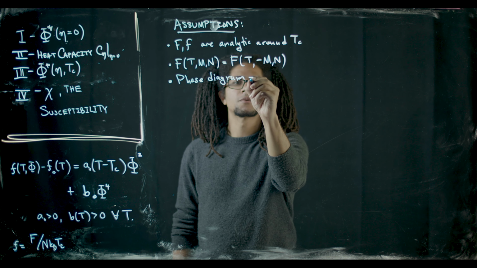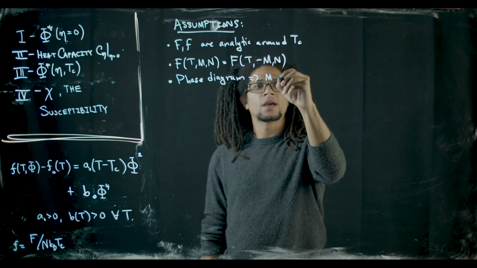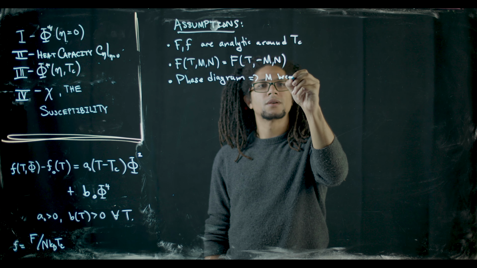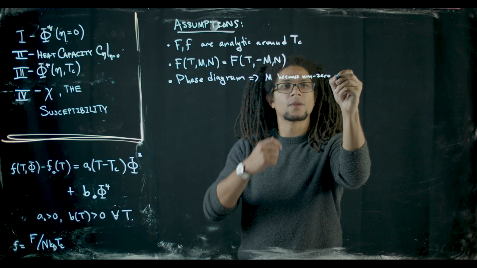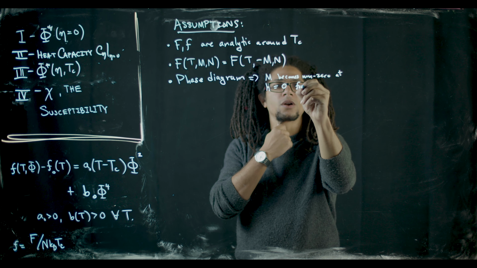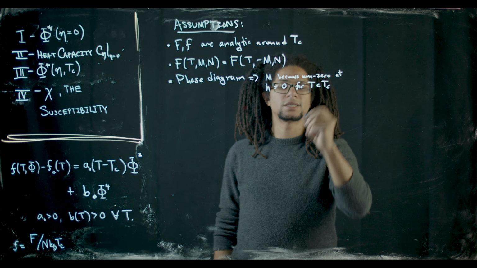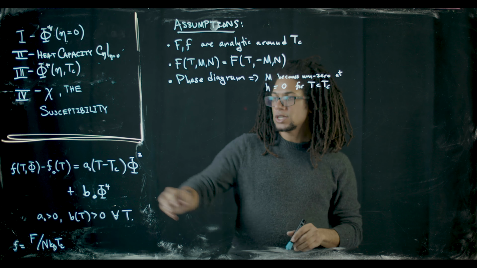And in particular, we know that M becomes non-zero at H equals 0 for T less than Tc. And if we made these three assumptions, we could get this expression basically for free.